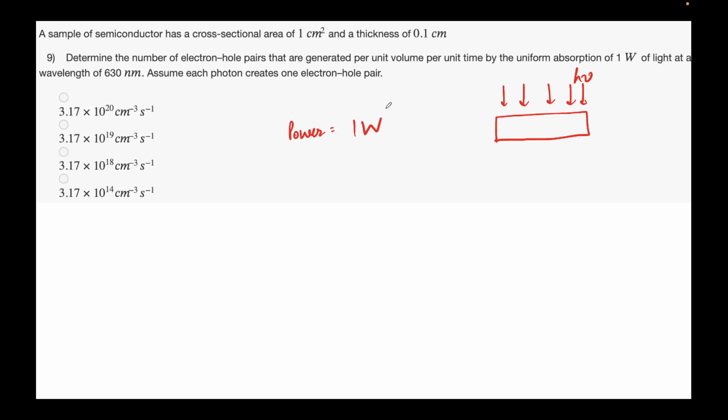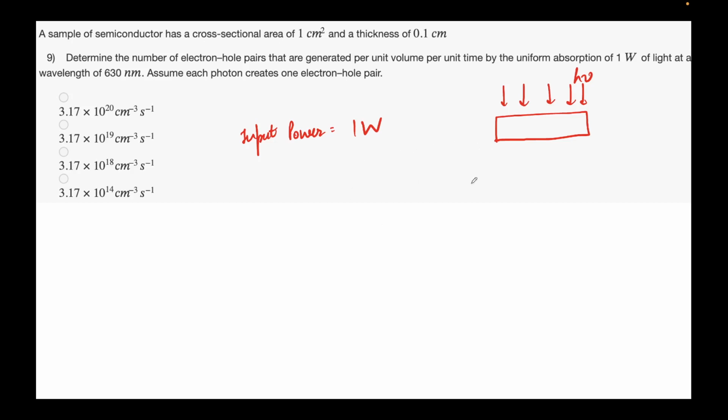So power has been given to me as 1 watt. How is power related to energy? Energy divided by time is equal to power.